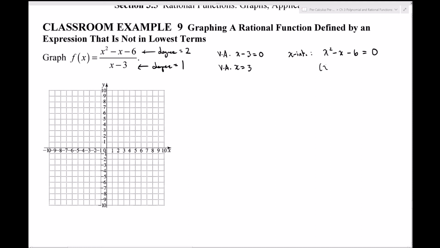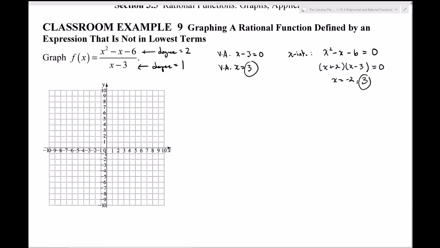That one is x plus 2 times x minus 3, because if you take positive 2 and negative 3, you get negative 6 when you multiply them. When you take positive 2 and negative 3 and add them, you get negative 1. So I think that's the same thing as earlier. So x plus 2 times x minus 3 is equal to 0. You get x equals negative 2 as an x-intercept and positive 3. Problem is that positive 3 shows in both of those.